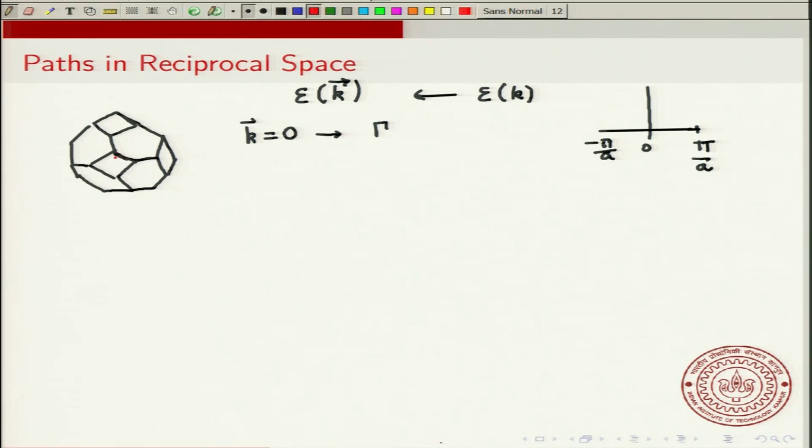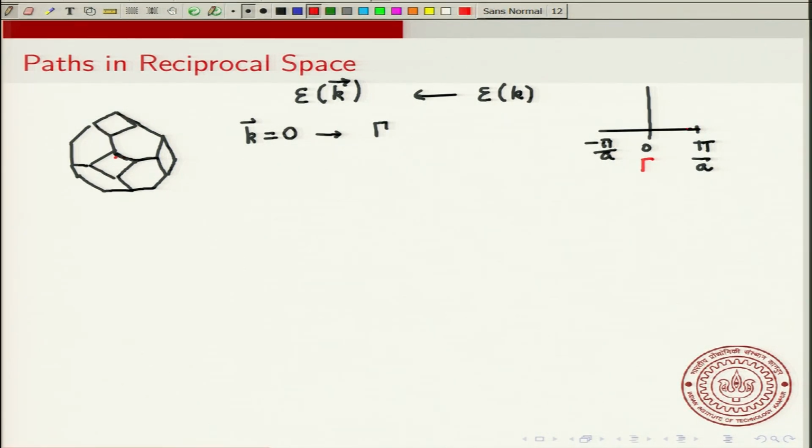I am not showing that point. Now in the case of one dimension, gamma is like the 0 in 1D. So the equivalent point is a 0 in 1D, and in 1D you just needed to go from 0 to pi by a.